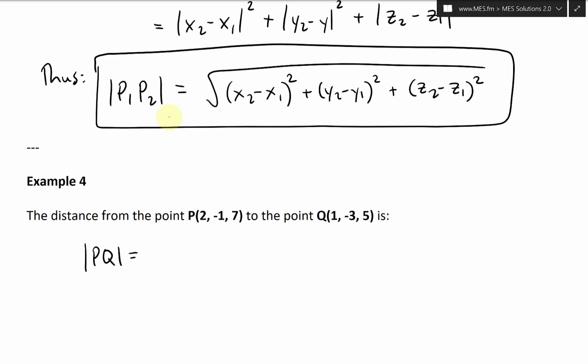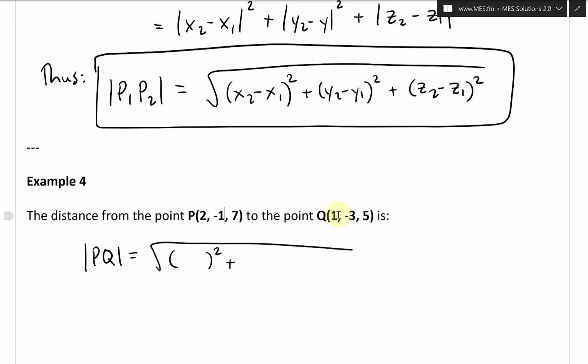is equal to the square root, and now the x2 minus x1, so that's going to be 2 minus 1 squared, then plus y2 minus y1. Just for completeness, to make it the same form, it doesn't matter because you're squaring it, and it's always going to be positive.